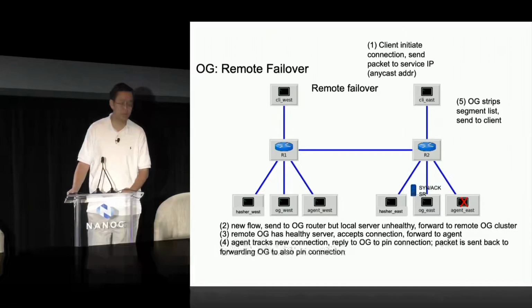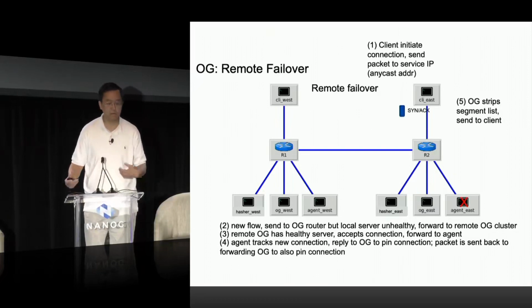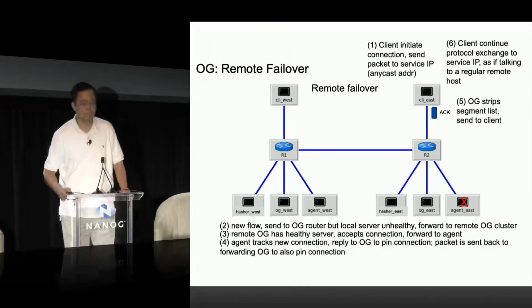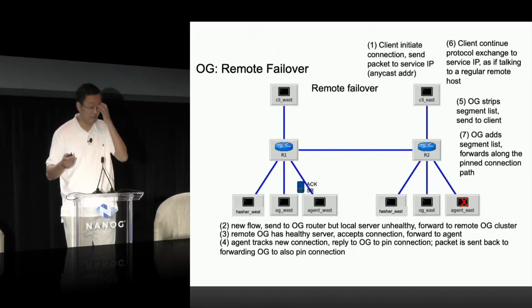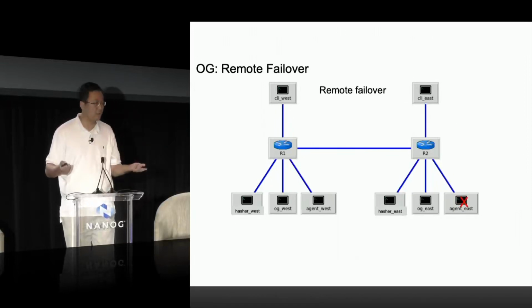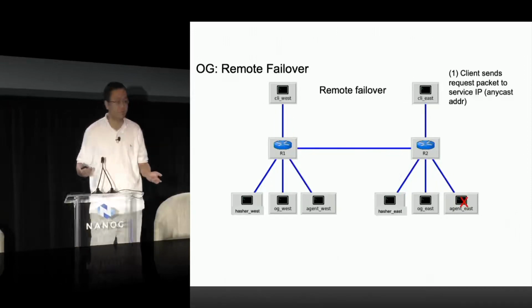And then, of course, this SYNACK packet is sent back, and the ACK response will then go the same way, same path, right? So the ACK can come, and the same thing will happen: add a segment route and send back, and the ongoing data transfer will follow the same path.